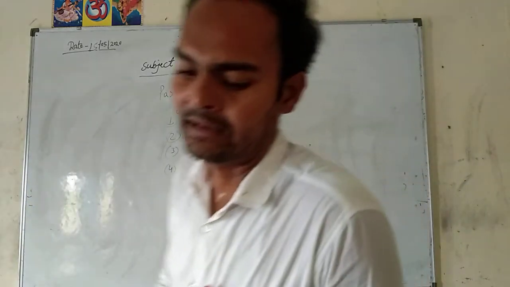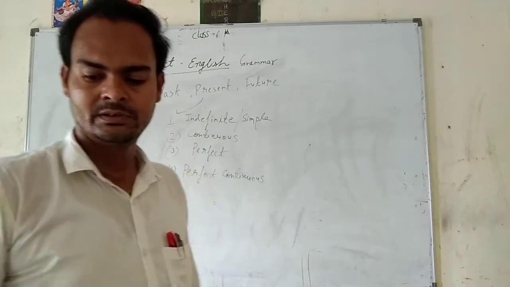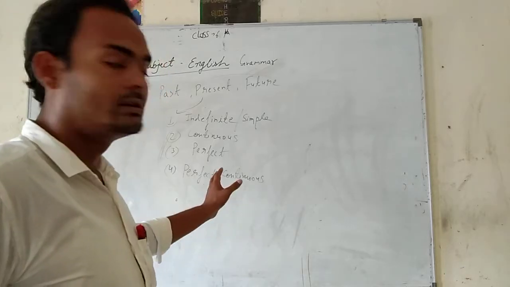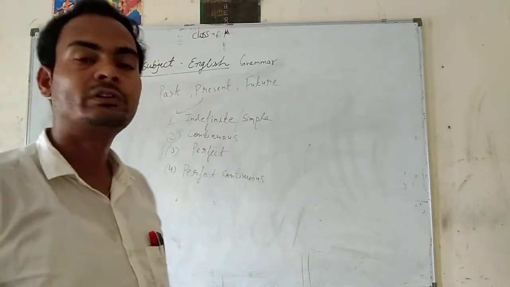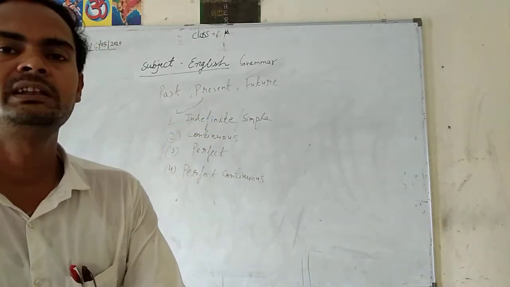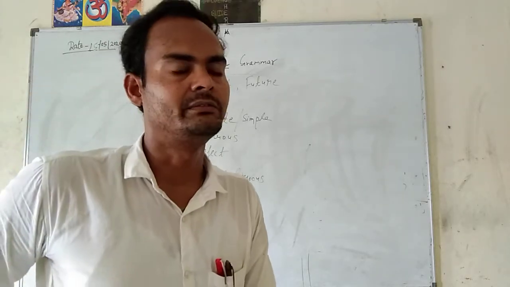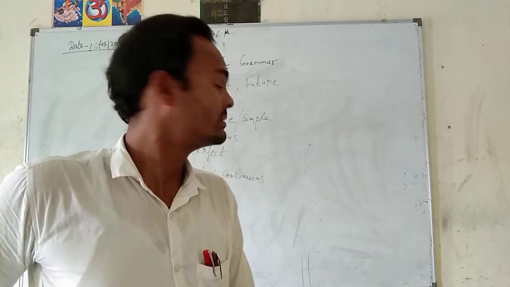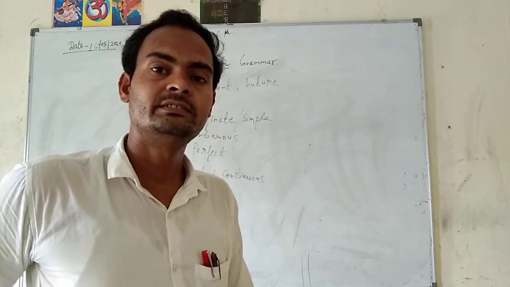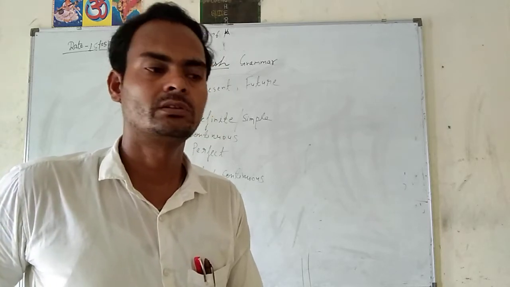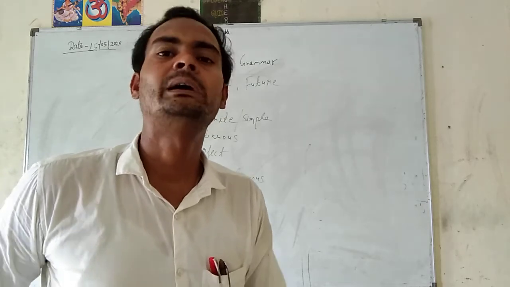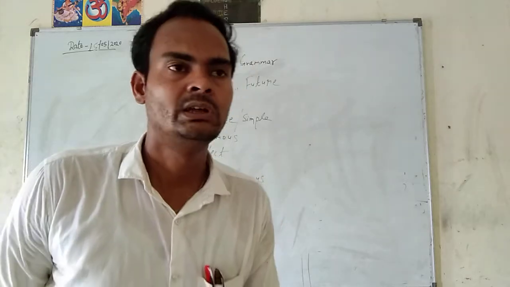So, like we have talked about four types of sentences which are simple, negative, interrogative, and interrogative negative, we check that sentences which are not negative, not interrogative, and at the same time not interrogative negative are simple sentences.